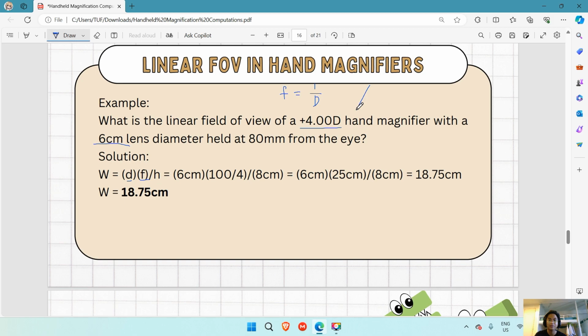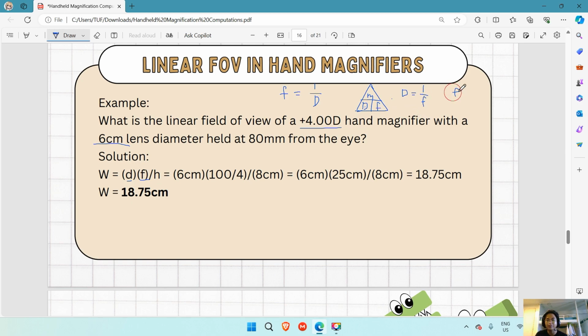Here you can use the magnification equations. D is equal to M over F, or 1 over F, since M is 1.